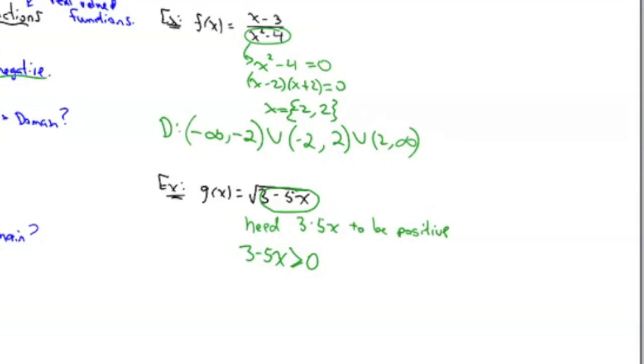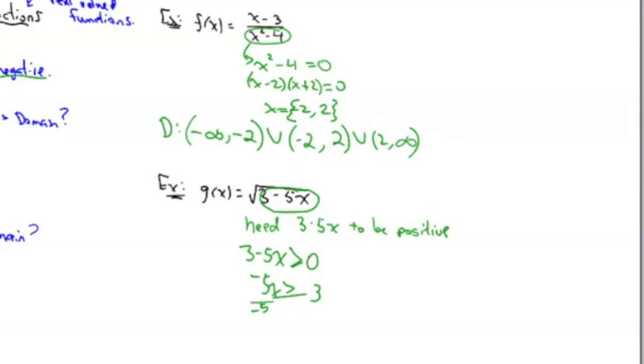So this is what's going to find my domain. You set up the inside greater than or equal to 0. Solve it. What do you do first? Subtract 3. So you get negative 5x is greater than or equal to negative 3. Then what? Divide by negative 5.